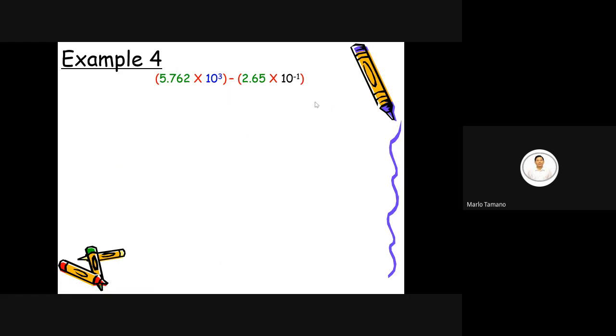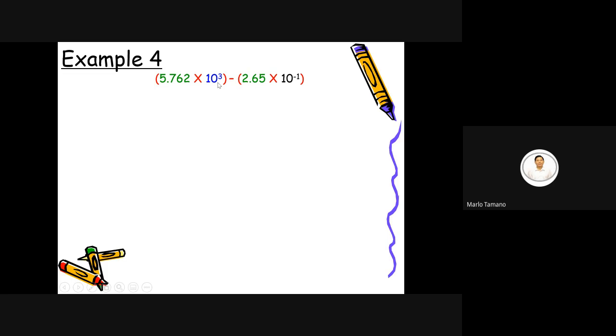How many spaces? 3? Is it 3 or 4? Remember, when it is 10 to the negative 1, you owe 1 more. So it is 4. Move the decimal point 4 places to the left: 1, 2, 3, 4.